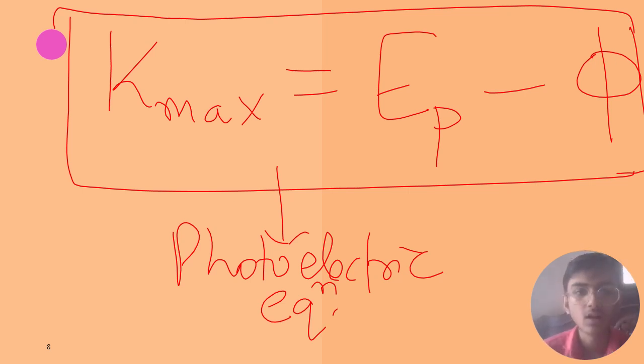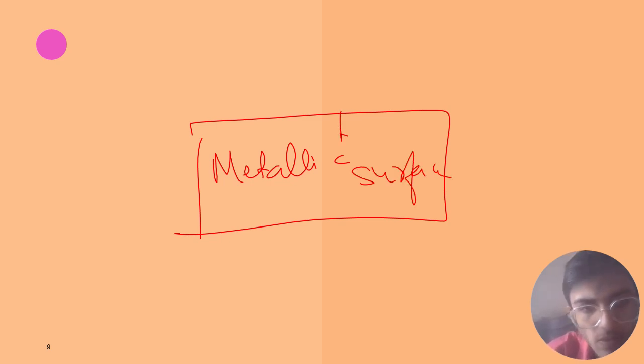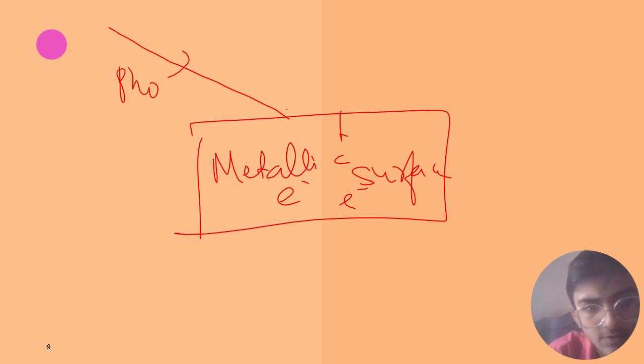Okay. Now why maximum kinetic energy? You can see this figure. Suppose this is a metallic surface. Electrons are there, photons are coming, electron emission is occurring.